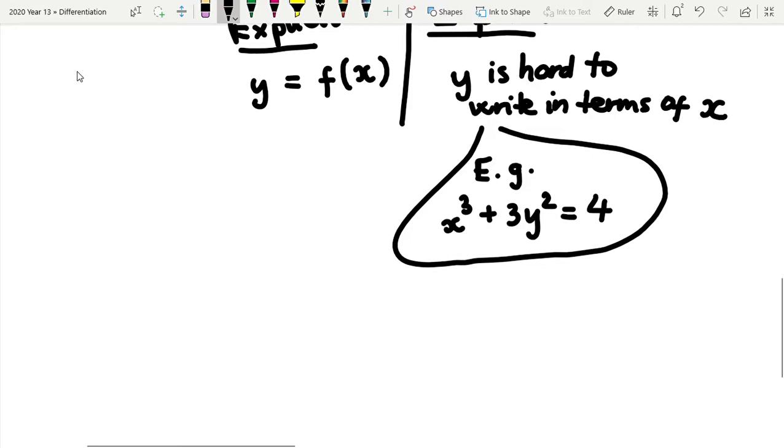Now you can clearly see from here, it is still possible to make y the subject, but you're going to have two answers, because y squared will give plus and minus, two different functions. Things are getting more complicated. So how do we overcome that difficulty? That is exactly the lesson today. All right, so let's get to it.